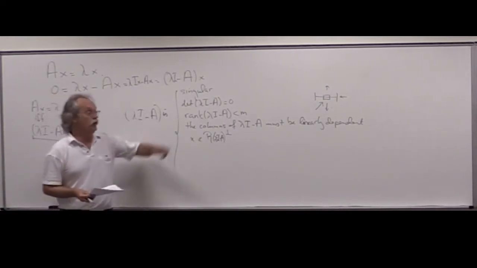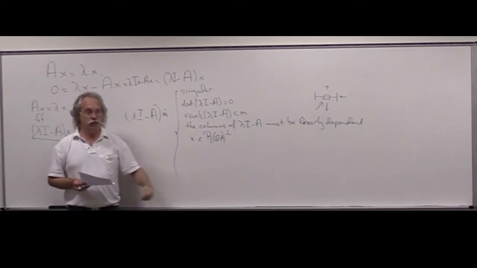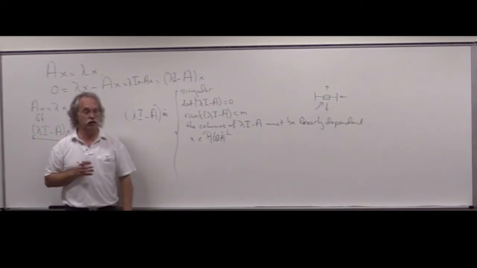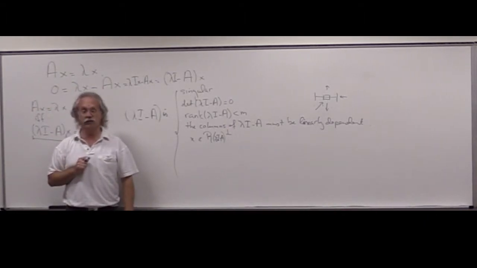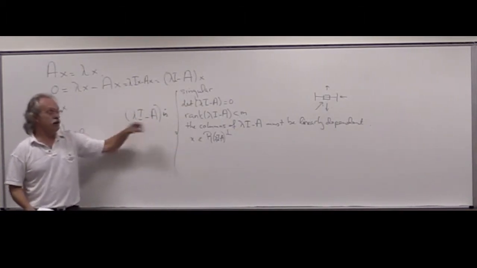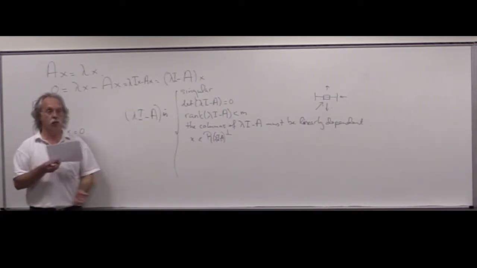Okay. The point is, there's a whole bunch of statements that most likely in an undergraduate class you were given as being equivalent to matrix A being singular, or you were given a long list of things that were equivalent to A being non-singular. Any of those conditions you can use to describe lambda I minus A, and it sometimes becomes convenient to pick one or the other.